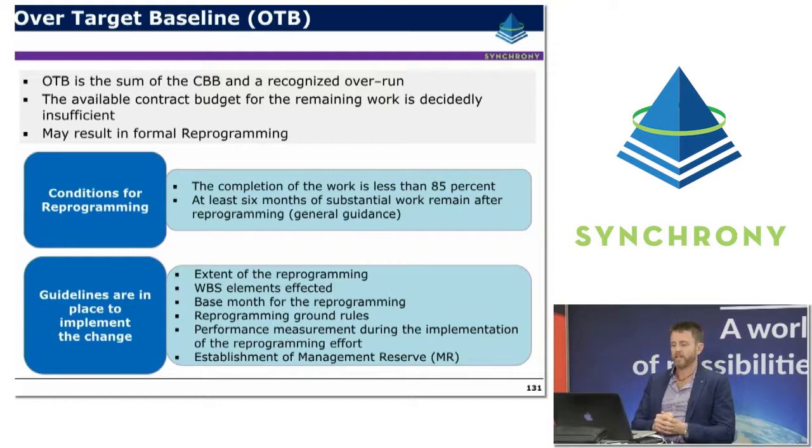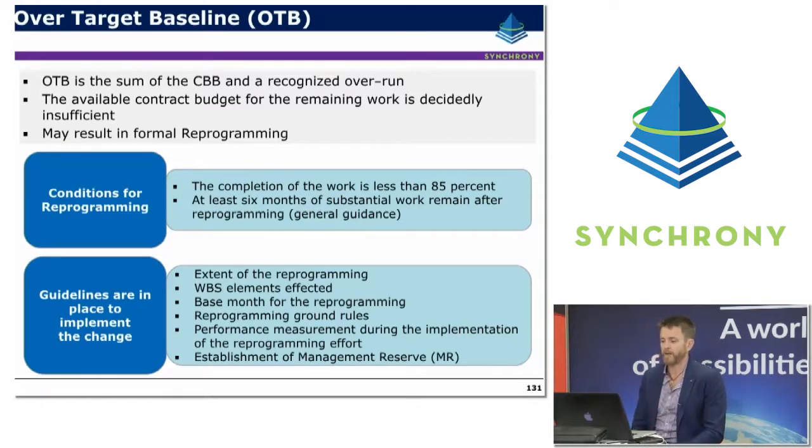And I guess the other thing is you'd need guidelines in place to implement the change. So you need to understand the extent of reprogramming that's occurring, what WBS elements are affected, the base month for the reprogramming. So it's really important to understand, okay, we're going to reprogram from where, from next month end, from this month end, and making all of those decisions.